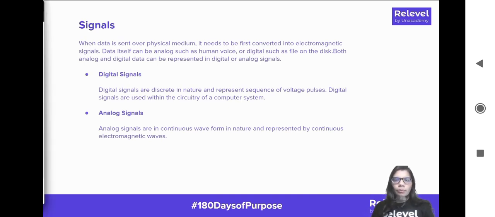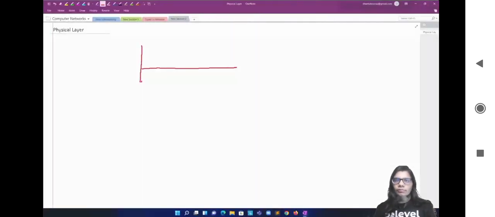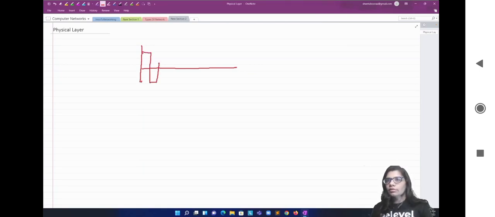Before discussing more about digital and analog signals, let's first see how we represent them. If I have to write the digital signal, I would represent it like this. Here, this represents 1 and this represents 0.